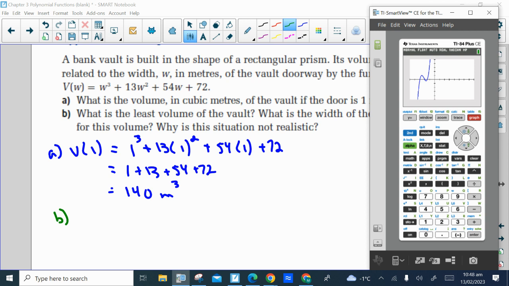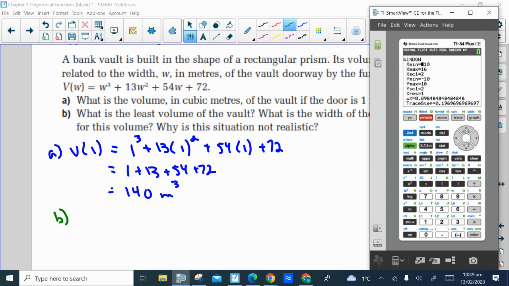So this graph, because it's a third degree polynomial, it's going to keep rising to the right. It'll go through the y-axis at 72, and then it'll keep rising after that. However, that's where the graph is going to cross the y-axis. That's where it's going to go from negative values of W to positive values of W. So what does that mean?